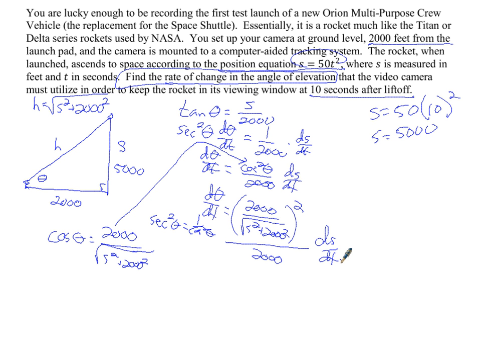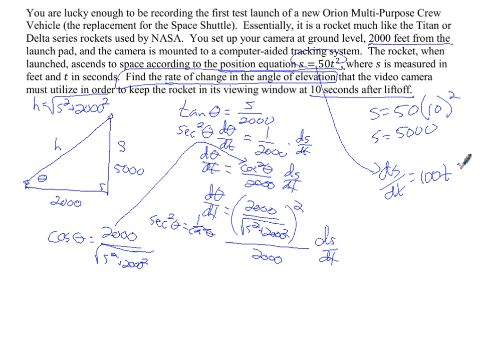The only thing here that I don't know, because I know what s is, is ds over dt. How am I going to find ds over dt? The original position function gives me my ds over dt. If I take the derivative of s, I get ds over dt equals 100t.